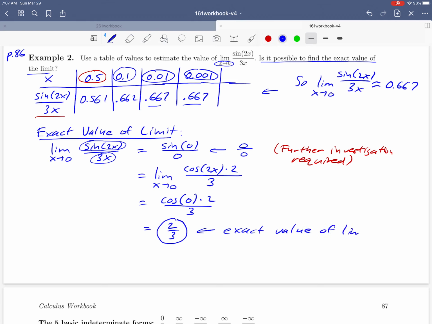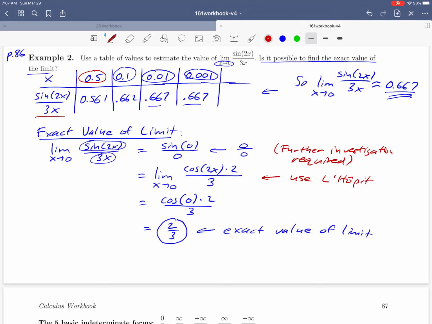So we're going to get 1 times 2 over 3, which is 2/3. That turns out to be the exact value of this limit. As a decimal, 2/3 is 0.6666 off to infinity. Notice that that agrees with the decimal up here that we got. So we are done with this problem.